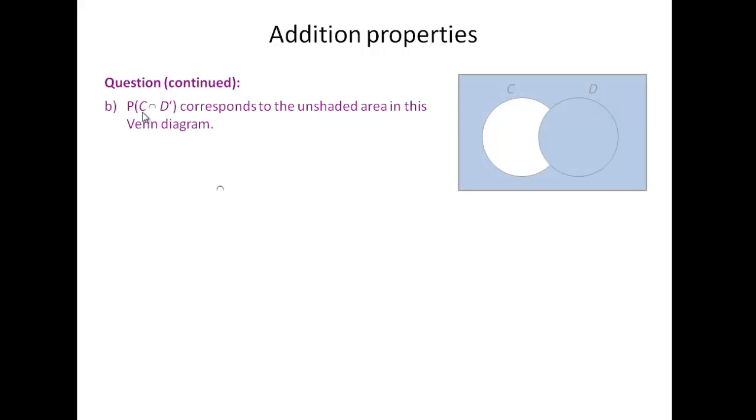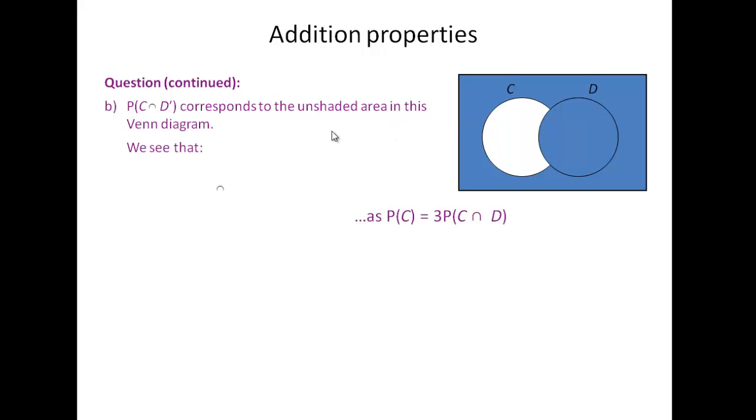For the second part of the question, we're trying to find the probability of C and not D. Well, that's this area here. So it's basically the probability of C minus the probability of C and D. You can see here how the Venn diagram helps.